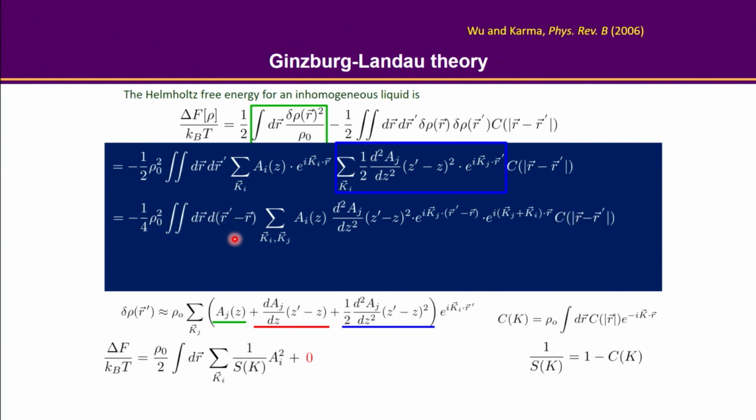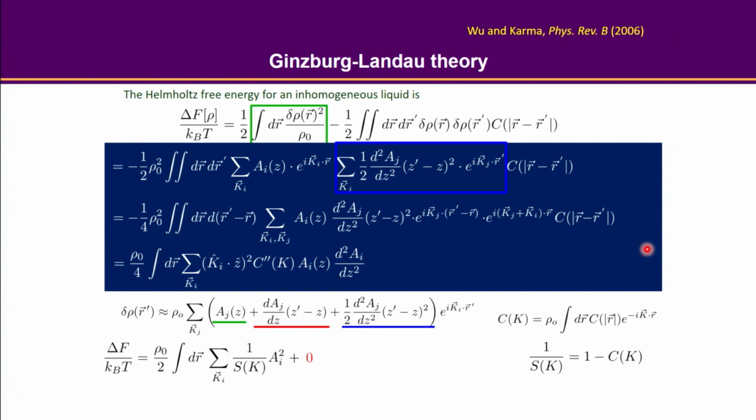We also recombine the exponential i k_j dot r in the same way. We are trying to make this term related to c of k, but because of this extra z prime minus z squared, we still have to do a little bit of extra work to connect this expression to c of k. The connection is quite straightforward.